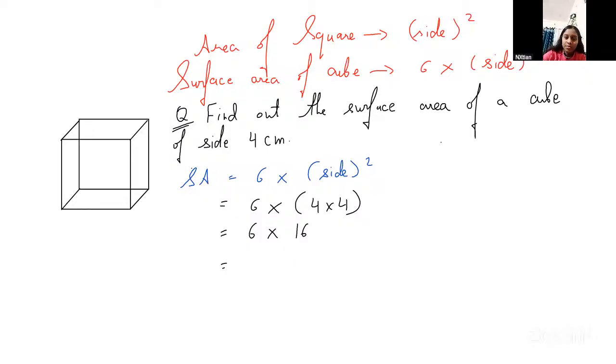How much? 96. Surface area is 96 centimeter square. It is very easy, right? Very simple. You first multiply side with side, and what you get, multiply it with 6. Okay, understood?